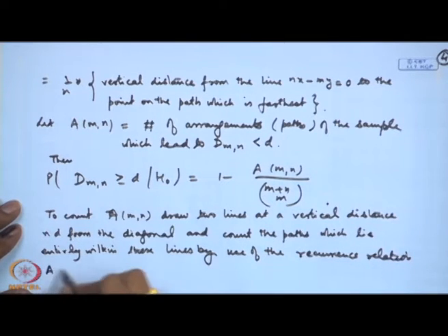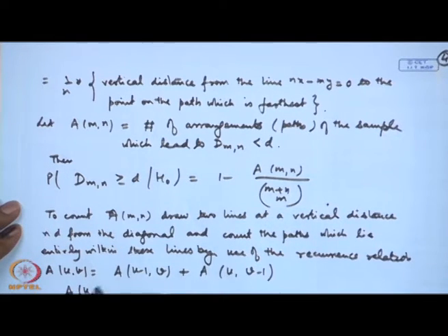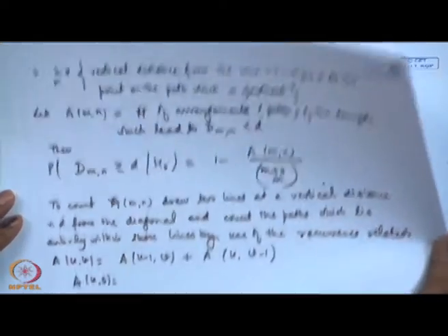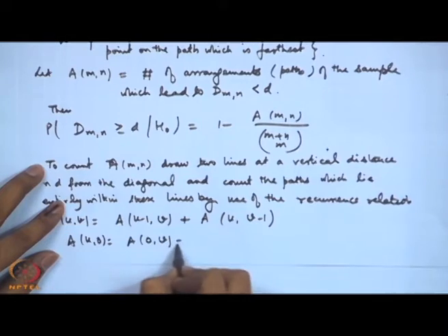That is, A(u,v) is actually equal to A(u-1,v) plus A(u,v-1), and of course A(u,0) is equal to A(0,v), which is equal to 1.